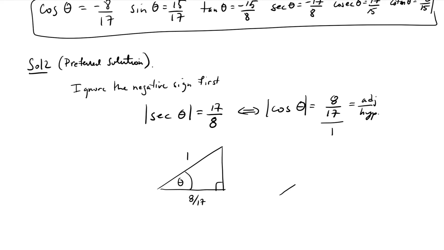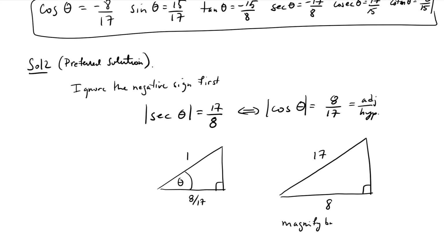But it's actually nicer to work with a triangle with integer sides. So I'm going to magnify everything by 17. Or in other words, I'm going to look at the 8 as the value of my adjacent side and 17 as the value of my hypotenuse. Okay? So this is basically the same thing as magnifying the previous triangle by a factor of 17.